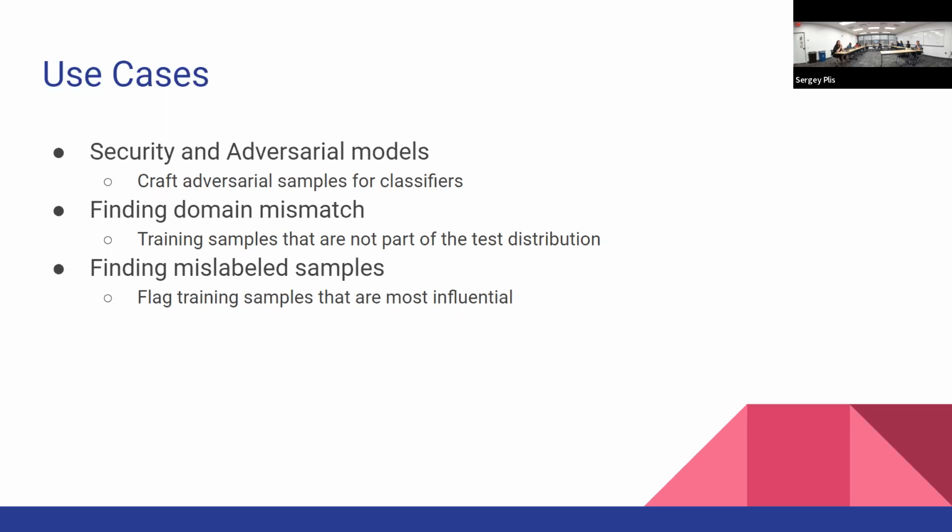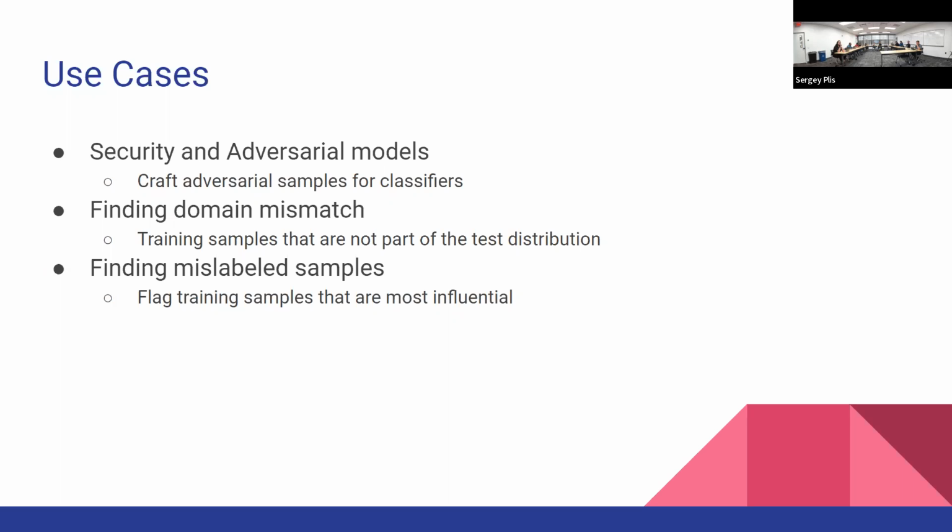Absolutely. And that aligns with their second use case, which is domain mismatch. Maybe there are outliers in the training set that don't exist in the test distribution. That's one of the benefits of using the test loss, because it shows you the changes in the test distribution, which is supposed to be the real-life distribution.